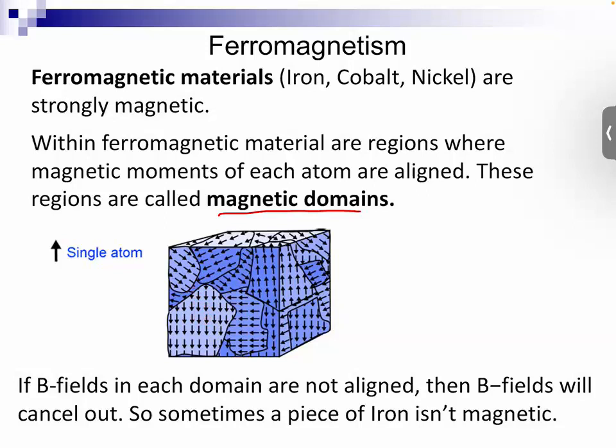So we can say that all the electrons in this part of the material are spinning in the clockwise direction, so that their magnetic fields are all pointing downwards. Whereas in this magnetic domain, you have many electrons that are spinning in the anti-clockwise direction, so that their magnetic field lines are all pointing upwards.